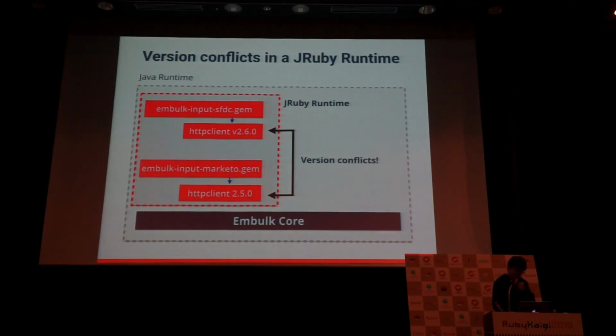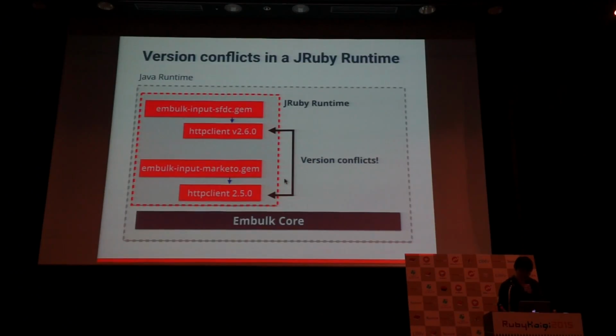But within JRuby runtime, conflict still happens. For example, there are two Ruby-based plugins. One is the SFDC plugin, which loads data from Salesforce.com. There's another plugin called Marketo. They both depend on http-client gem, but depend on different versions. Here, the version conflicts.